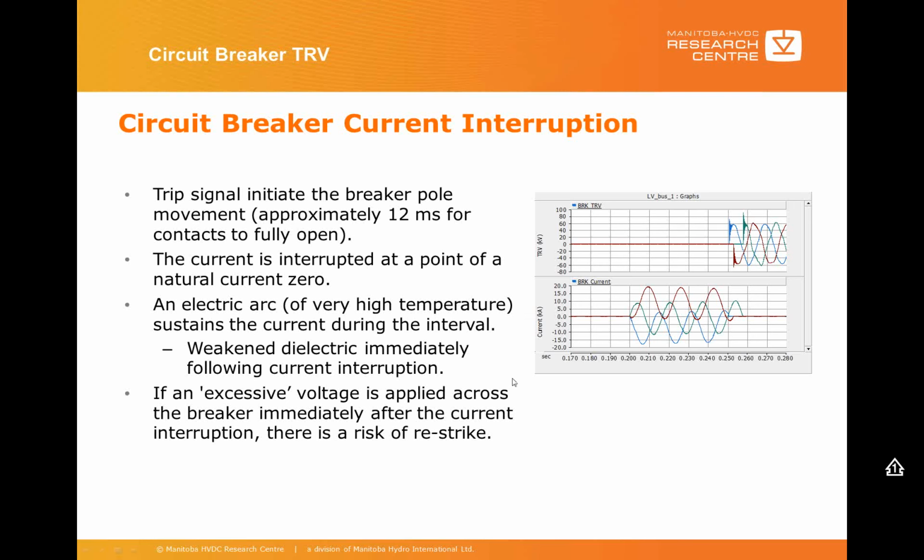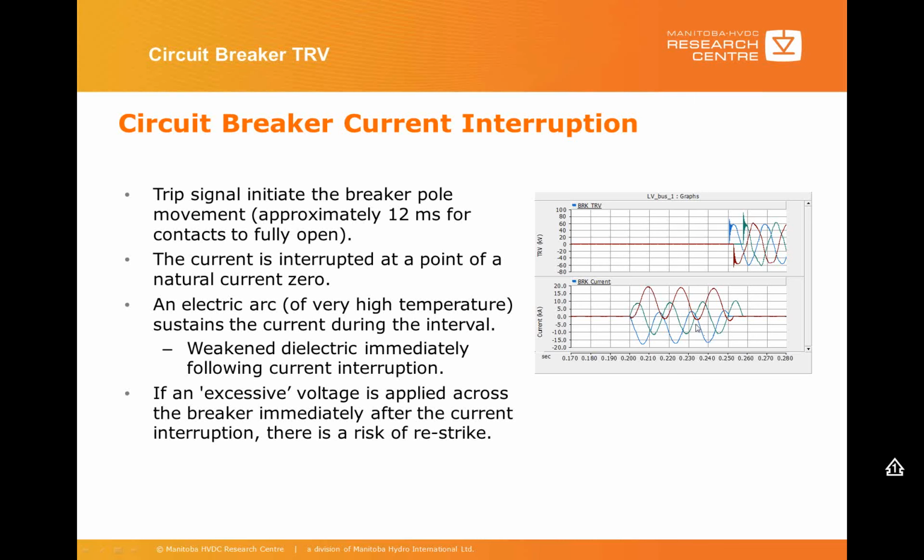Generally, in most cases, you open the breaker upon clearing a fault. If you want to clear a fault, you open the breaker, and you see here, in this sample waveform, we have a fault.